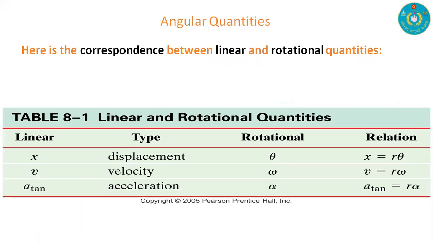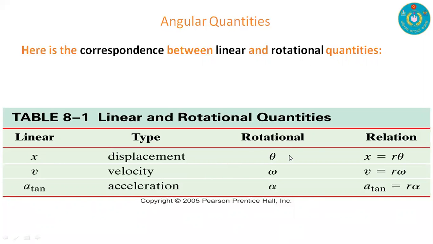Here the relation between linear and rotational quantities follows this table. At first we have linear displacement x, linear velocity v, and tangential or linear acceleration a_t.